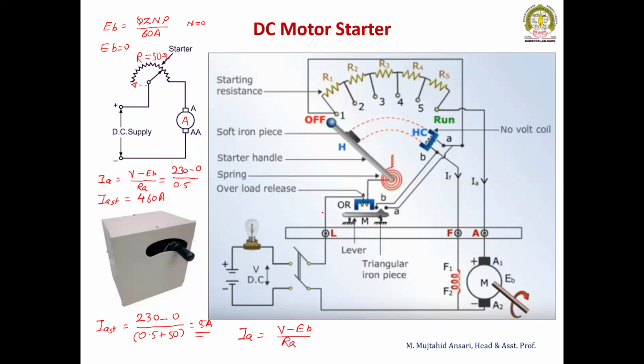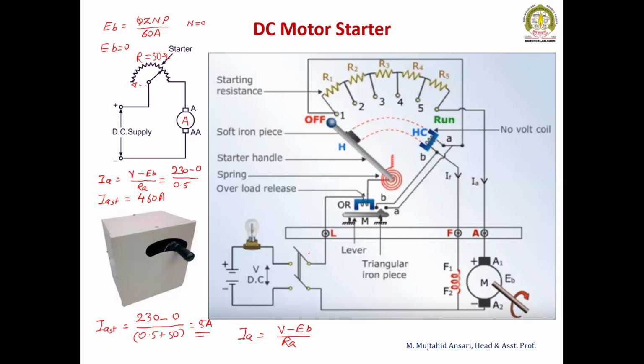That is why we put some resistance in series with the armature, to protect the motor from the inrush value of current. This is the 3-point starter. It is called so because one point is connected to the line, the second point to the field winding, and the third point to the armature winding.